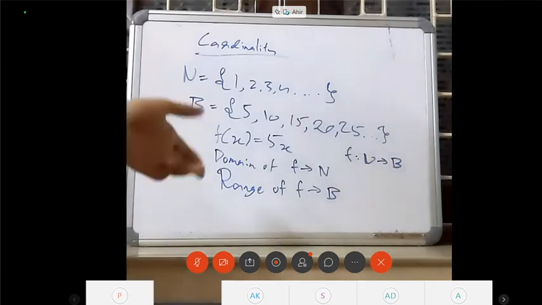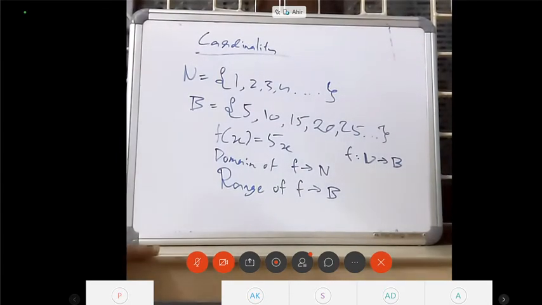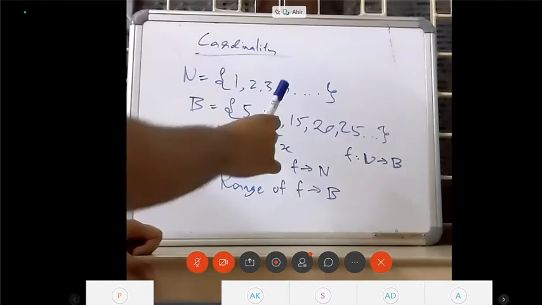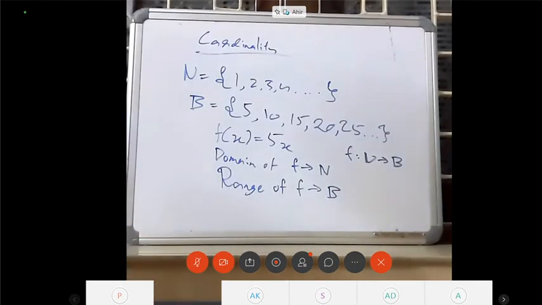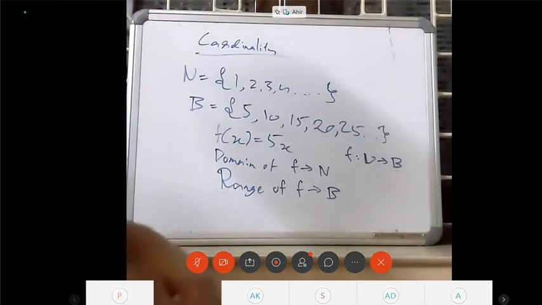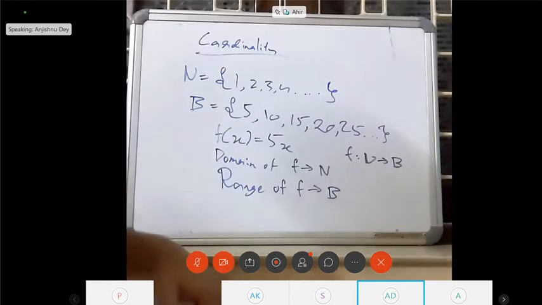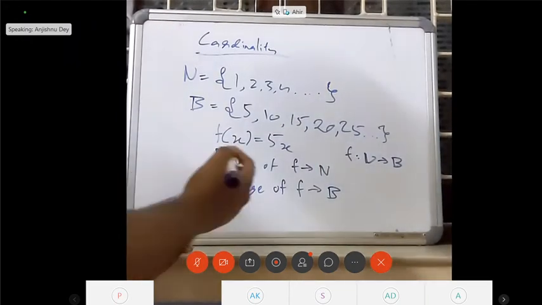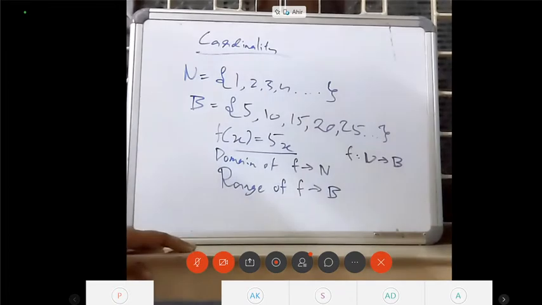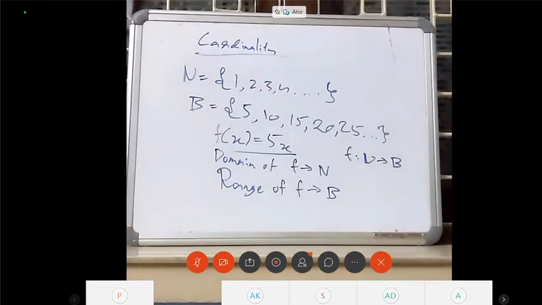Is this clear to everyone why the range of the function is B? Because all multiples of 5 are over here, since we take the function as 5x. Yes. And is this function bijective? Okay, let's look at it individually. Is the function injective?